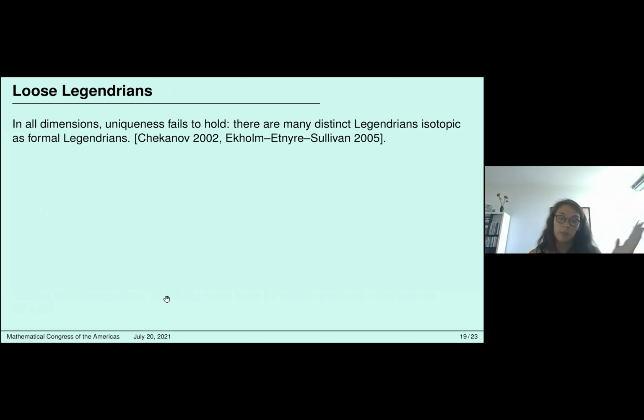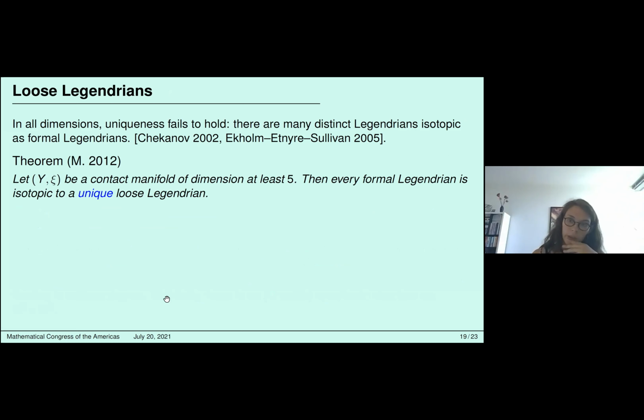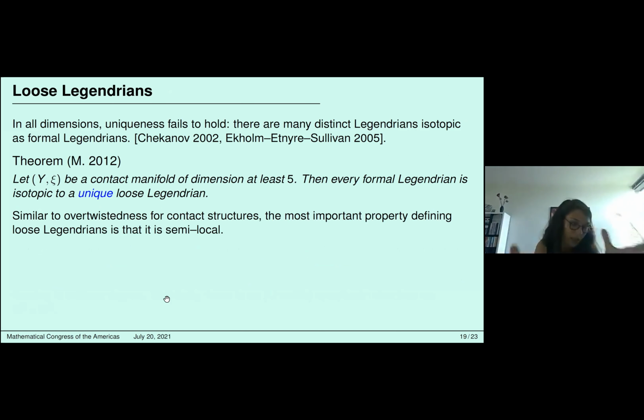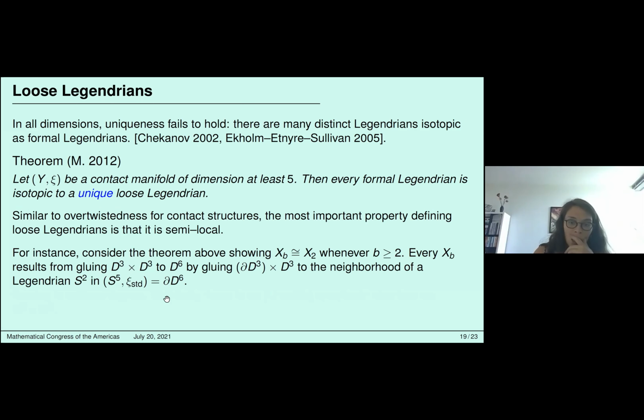We wouldn't expect it to be true. It's been false for a long time now. But it is unique in some specific subclass, and that subclass is still semi-local. So if you're loose in just one portion, then you're loose everywhere. And once you're loose everywhere, then you don't have geometry and you're amenable to topological understanding, I guess.